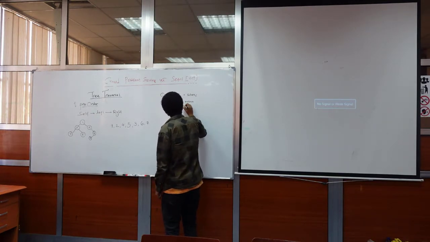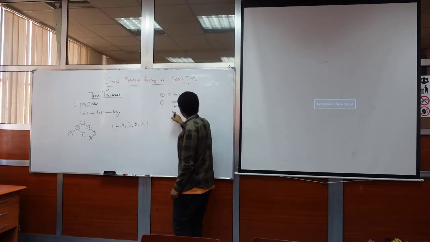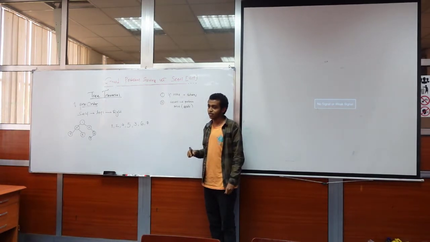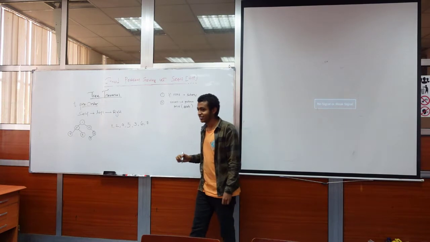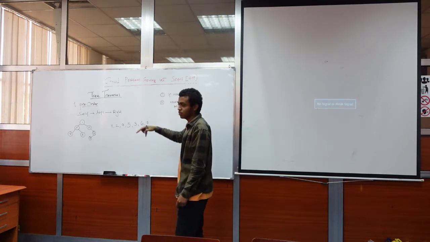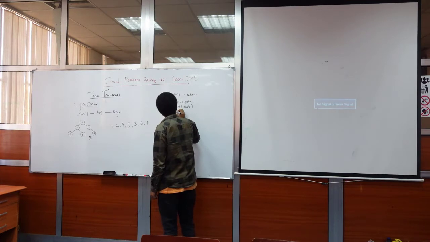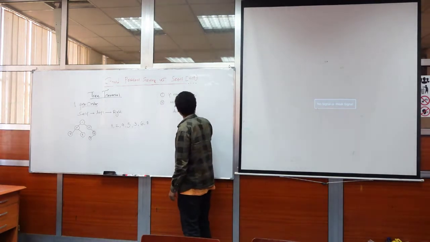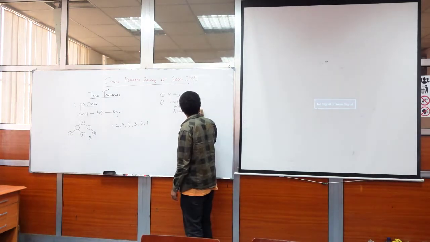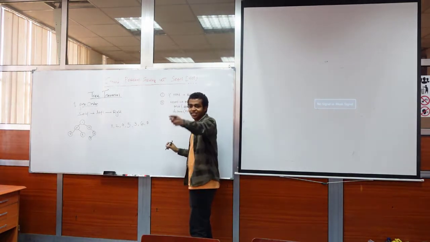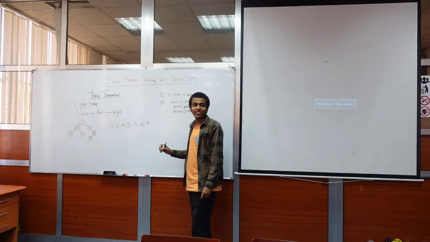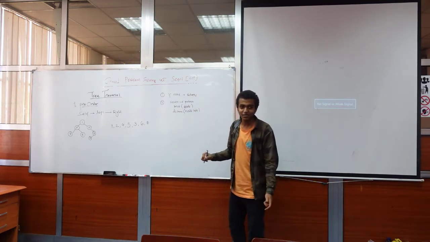Let's say we have a node. So it prints itself, and then what? Do the same thing for the left, and then also do the same to the right.